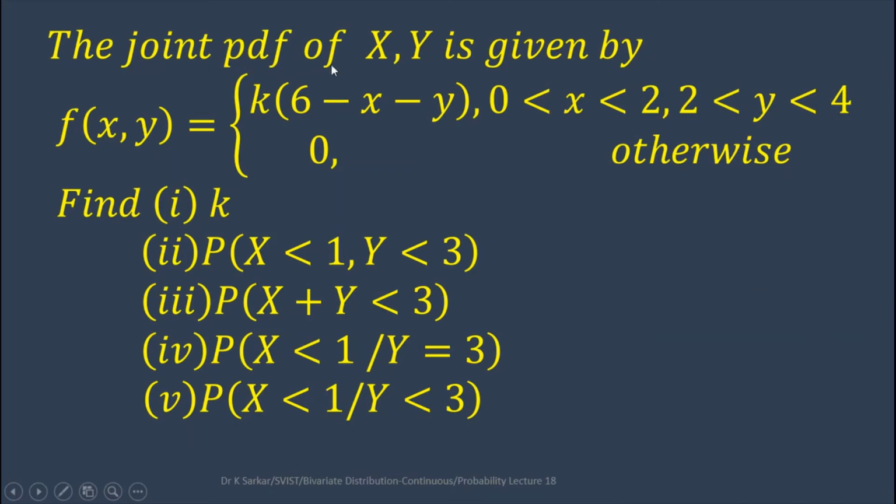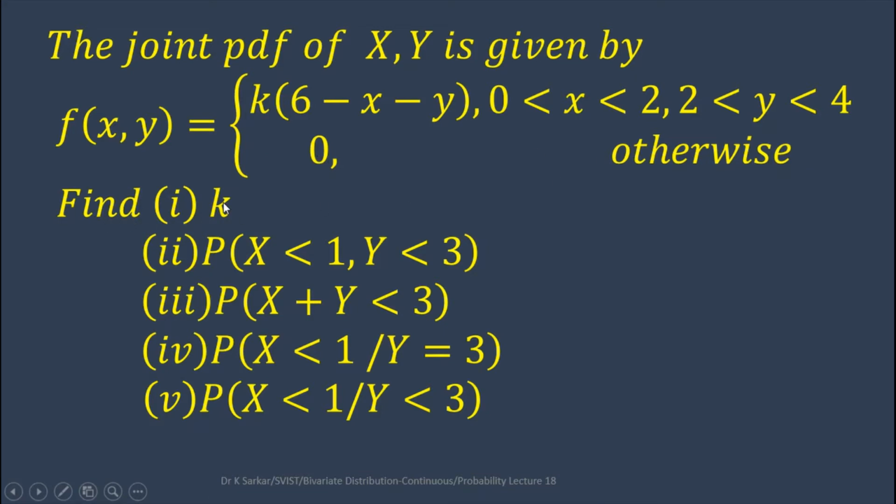The joint PDF of x, y is given by f(x,y) equals k(6 minus x minus y) when 0 less than x less than 2, 2 less than y less than 4. f(x,y) equals 0 otherwise.